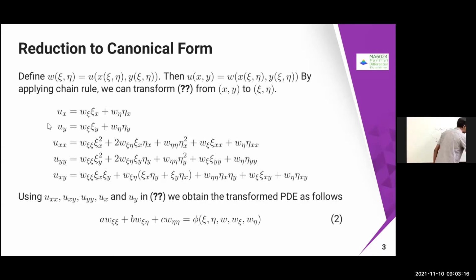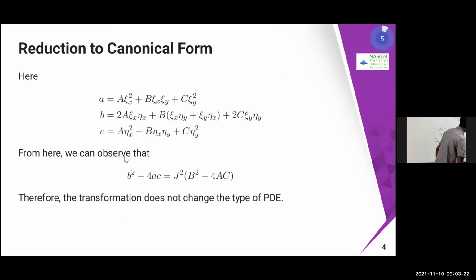So the new b square minus 4ac is going to be the same as J square times the old b square minus 4ac. We know the classification: if b square minus 4ac is greater than 0, it is hyperbolic; equal to 0 means parabolic; less than 0 means elliptic.